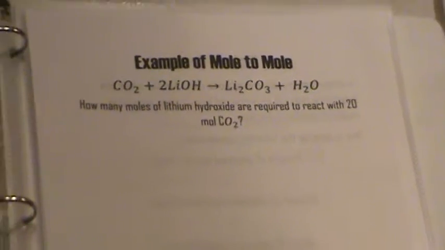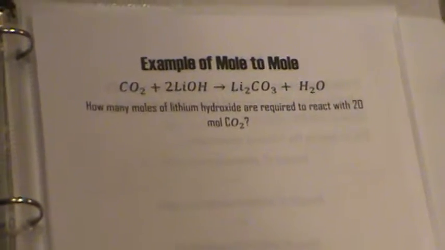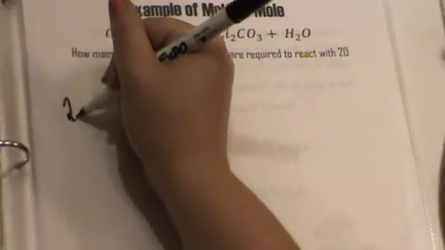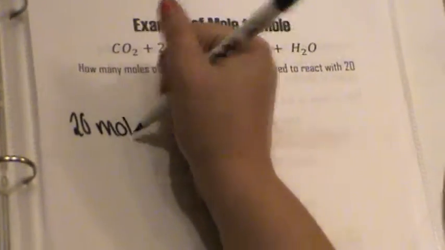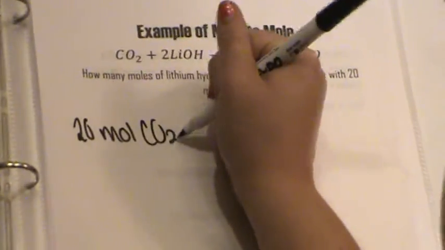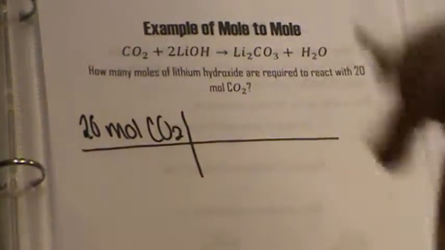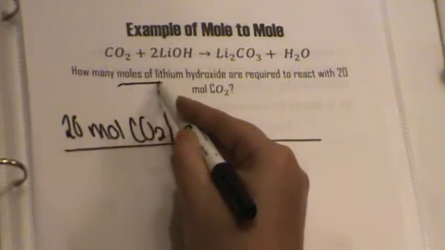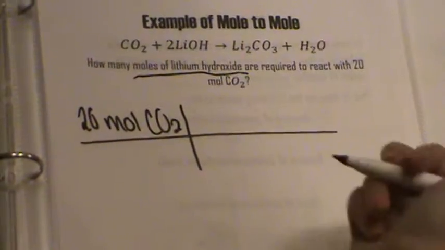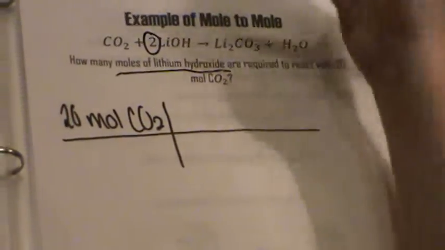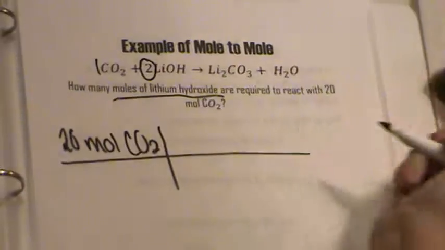An example of mole-to-mole ratio. If you have 20 moles, and you want to find how many moles of lithium hydroxide, you use the mole ratio. So for lithium hydroxide, you have 2 moles, and for carbon dioxide, you have 1 mole.